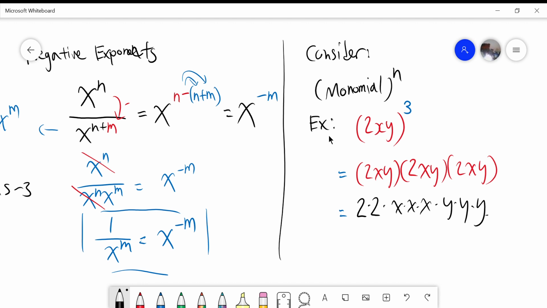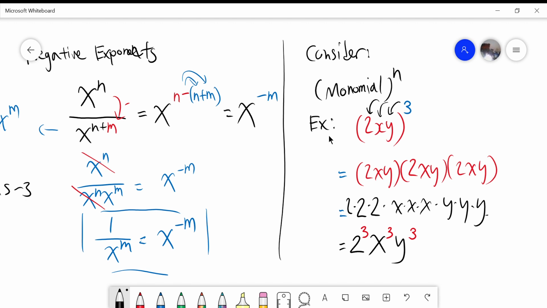So this is now equal to 2 cubed times x cubed times y cubed. And you'll notice that we actually distributed the power to each term right here.